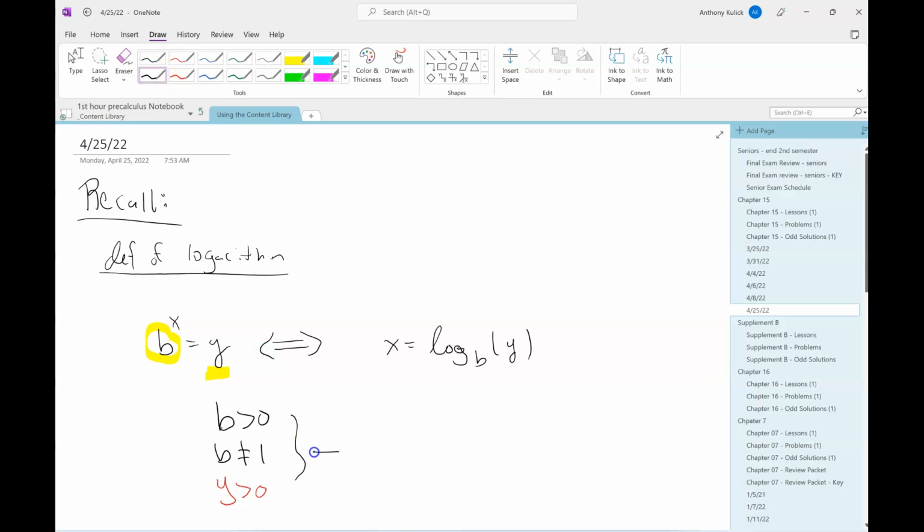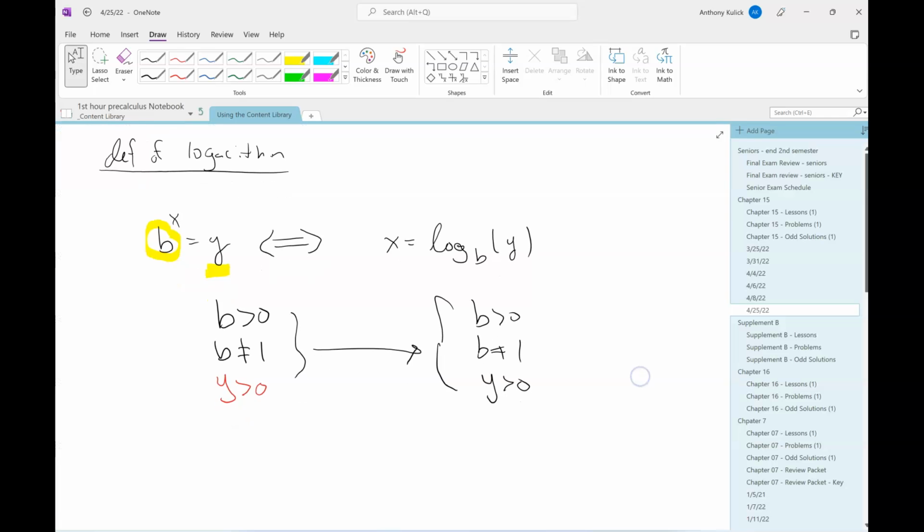And these two pieces from the exponential form are going to carry over and also be true in the logarithmic piece. So when we're talking about logarithms, the piece that becomes really important is that the input for a logarithm has to be a positive number. You can't take log of 0, you can't take log of a negative. Those things are just undefined.